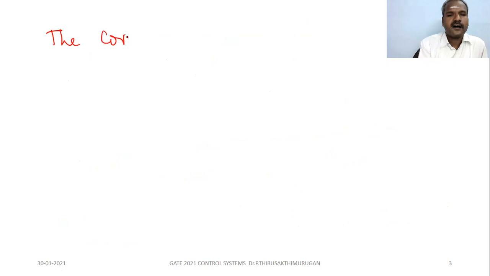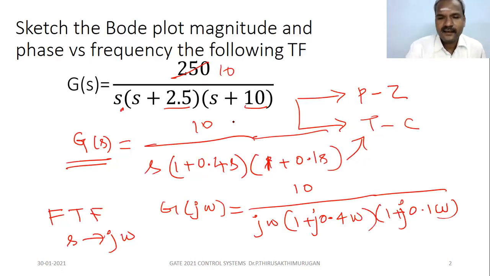Then we have to find out the corner frequencies. Okay, the corner frequencies are, so here this is tau 1, this is tau 2.